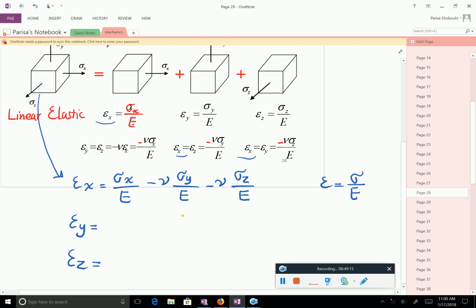The one which has the same direction has no Poisson's ratio, of course, and from the other directions you get the strain through Poisson's ratio.